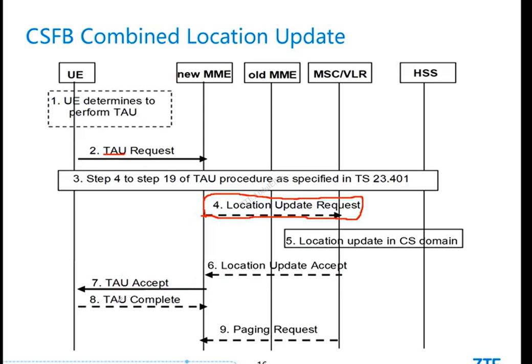So after the UE sends TAU complete, that means the combined location update is also finished. So later, if the user has some paging, the MSC and the VLR can also send the paging request.